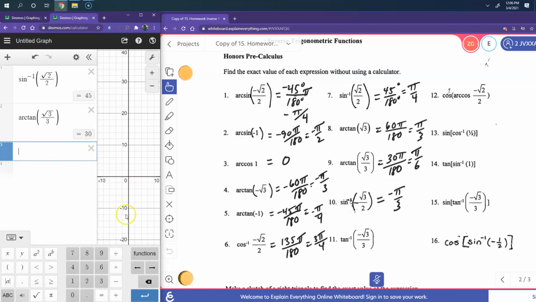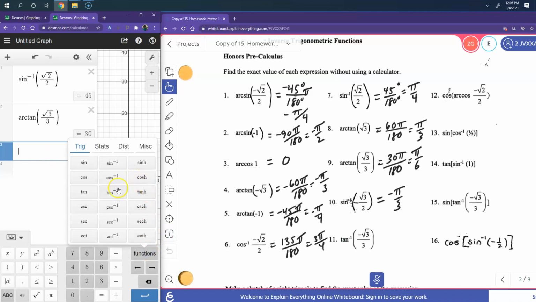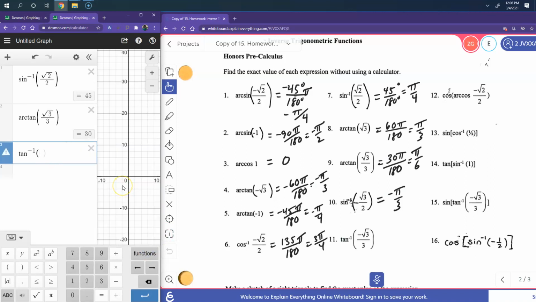So it's going to be inverse tangent, negative square root of 3 divided by 3, which gives you negative 30 over 180 times pi, which is going to be negative pi over 6.